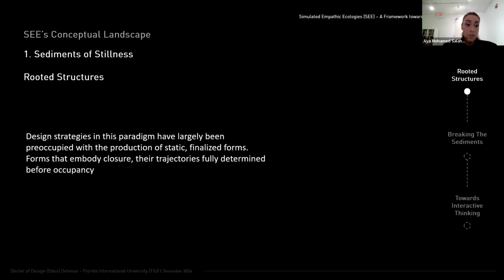So, sediments of stillness, starting off with the design strategies that have been largely occupied with the production of static and finalized forms, the more traditional way of architectural thinking that was very formalized and focused on the finalized form before the occupant even enters the house or the space.